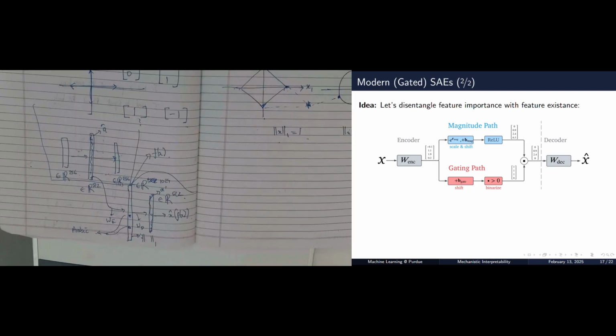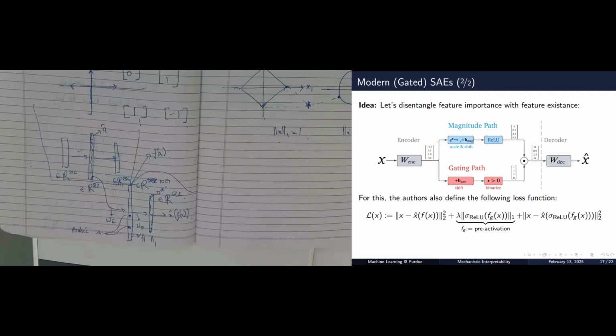And as a consequence, they find that they do get more performance, even though this comes with the use of more parameters. So there is always a trade-off. They did some analysis to show that this is a Pareto improvement, so it is better than just scaling up the standard sparse autoencoder.